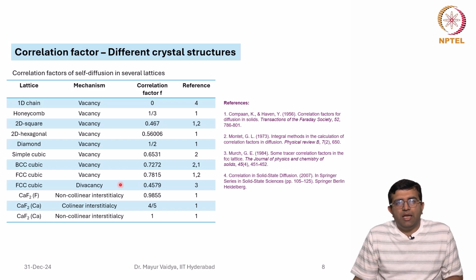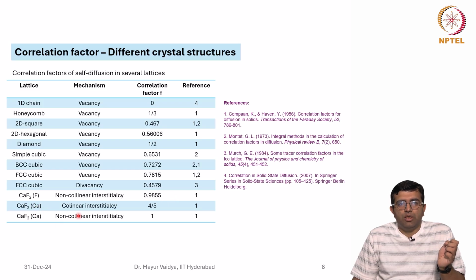Again, in CaF2, in compounds, when you talk about the fluorine diffusion, it is a non-collinear interstitialcy mechanism, so you have a very high value of correlation factor. In CaF2, when calcium is diffusing, depending on whether the interstitialcy mechanism is happening in a collinear way or a non-collinear way, the correlation factor can change.